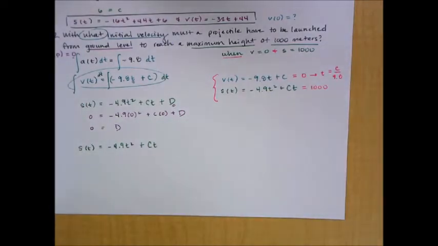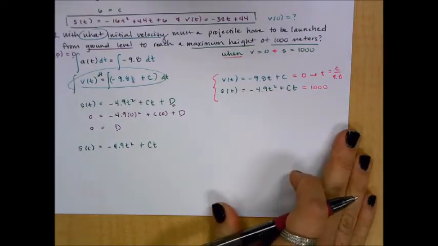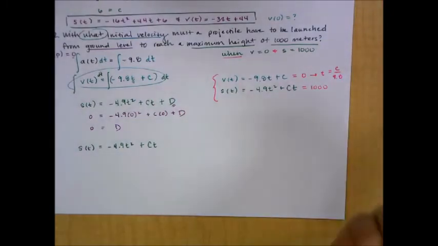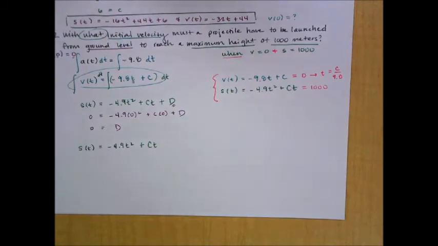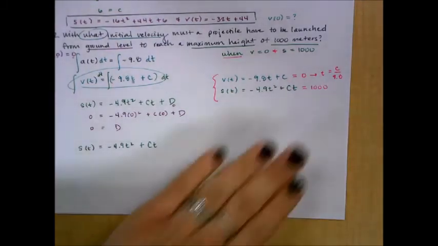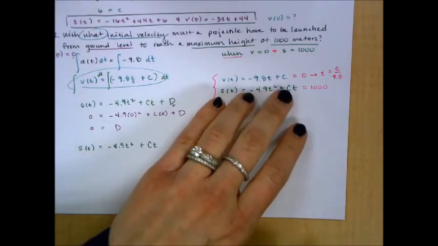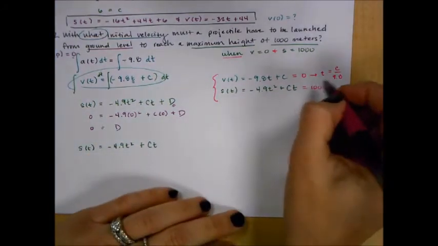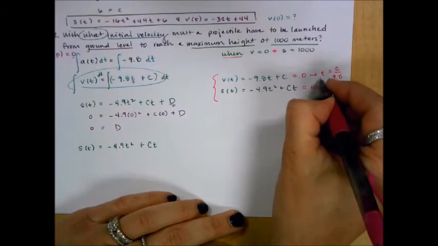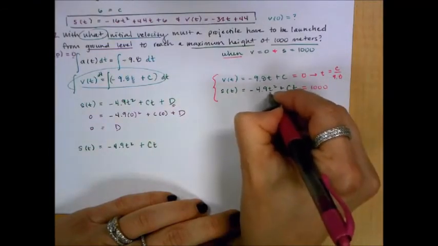Remember, a system of equations can be solved by either substitution or the elimination method. Elimination or the addition method won't work here because I don't have matching values. So instead, we'll use substitution, and we'll replace all the t's here in my secondary equation with c over 9.8.